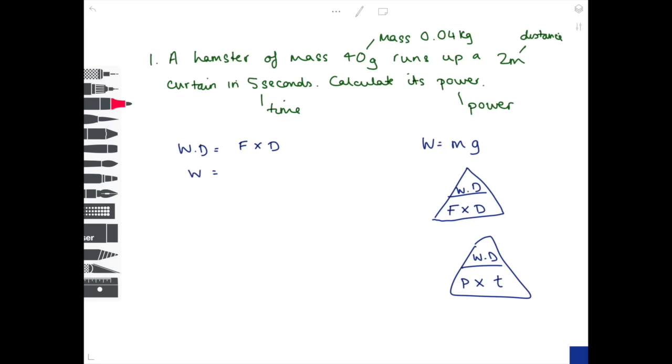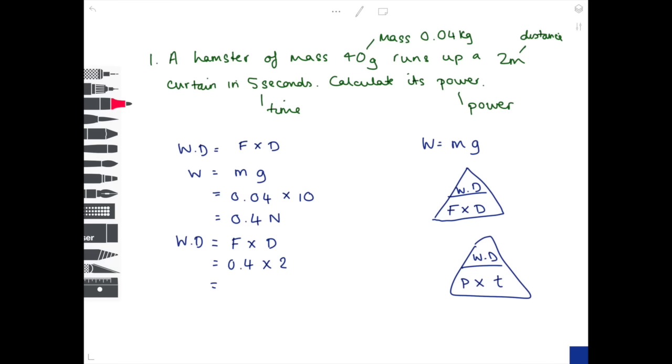So we need this equation first of all, which is weight is mass times gravity. I've already told you that the mass is 0.04. Gravity on Earth is approximately 10. So therefore, the weight is 0.4 newtons. Now we're going to calculate work done using the equation force times distance. Force and weight have the same unit, which is why I can substitute in 0.4 as the force.